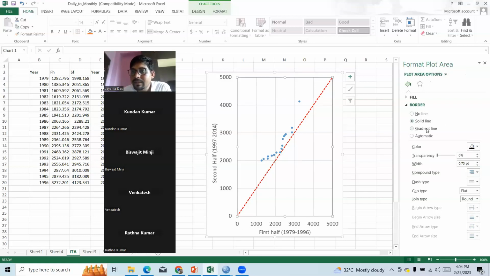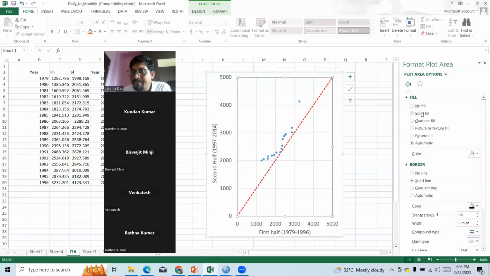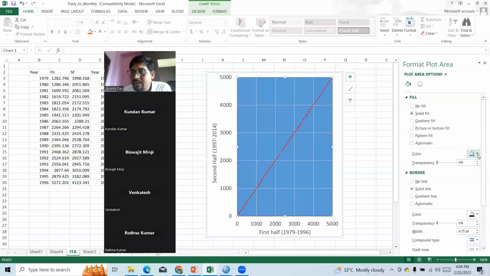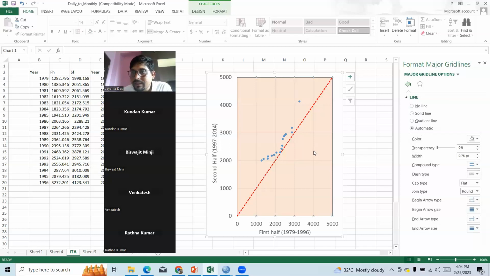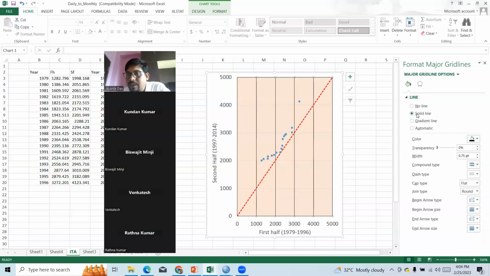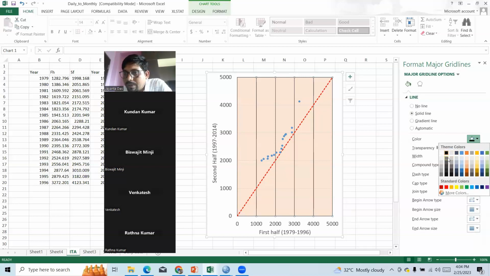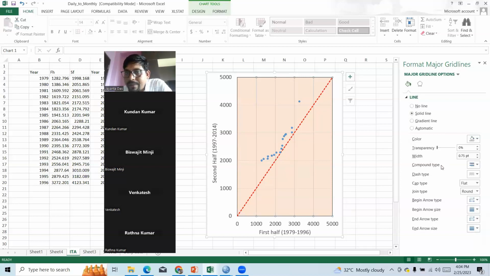Again select it. See here fill, solid fill. You can change this color like, okay. Select this line. This is a shadow line. So we can change this color to, yeah.